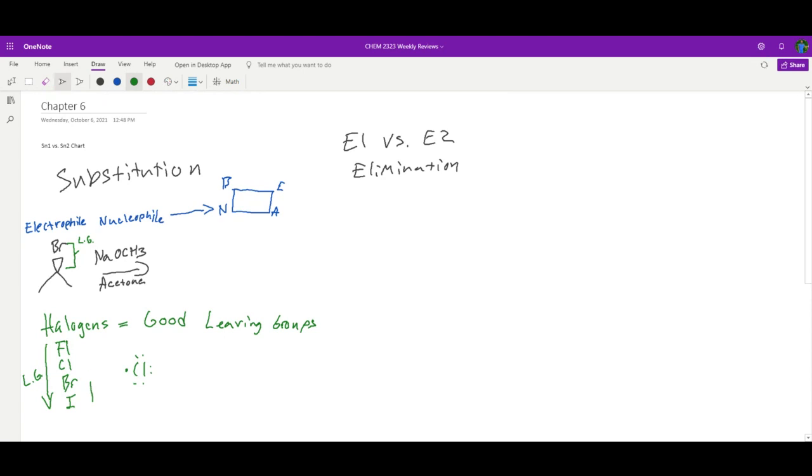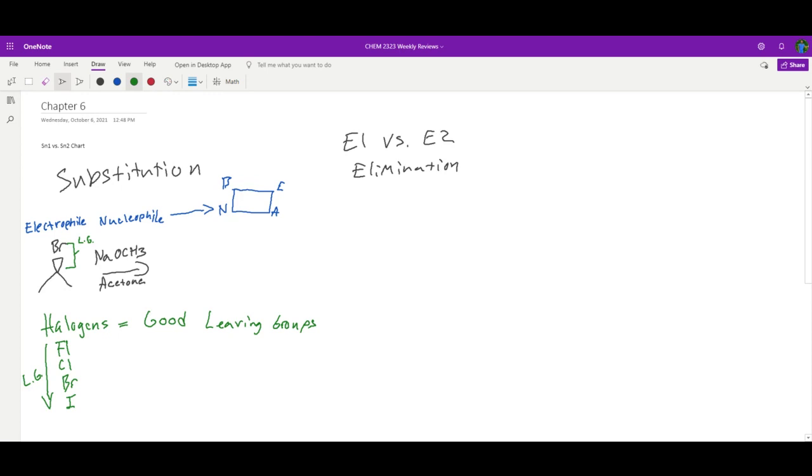For free radical halogenation, fluorine is the best in terms of being the least selective. I don't know if that thought process makes sense, but let's focus on leaving groups. Let me erase that. So iodine is going to be the best leaving group.